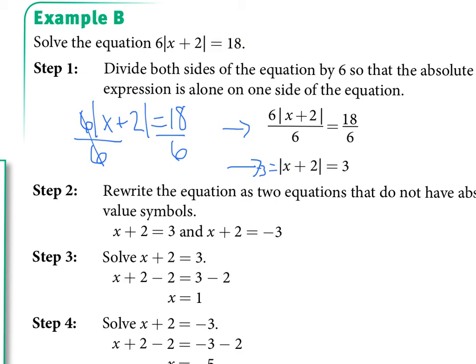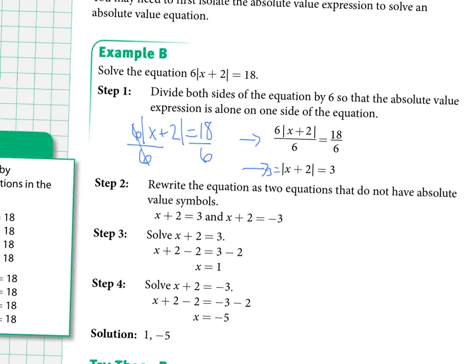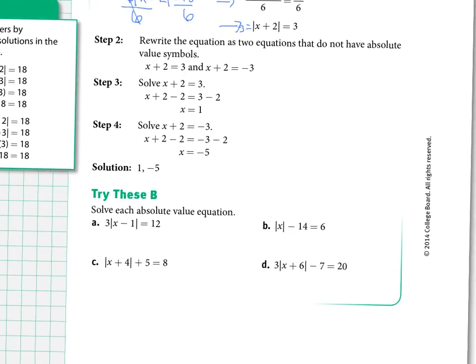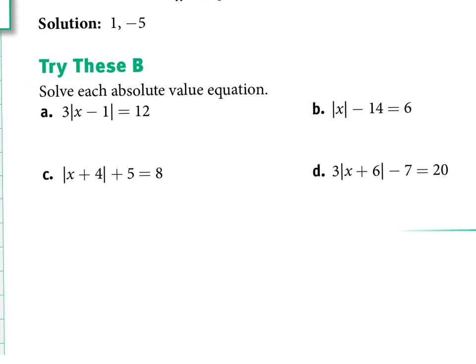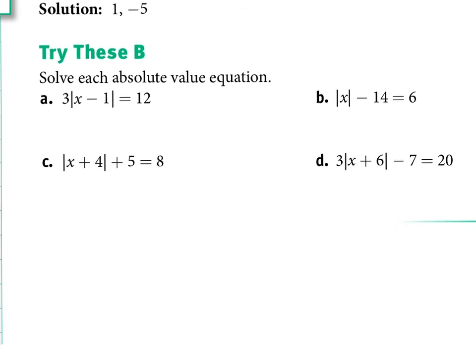Now, to look at some problems, let's go to try B. As we see in number 1, there is a 3 right here.